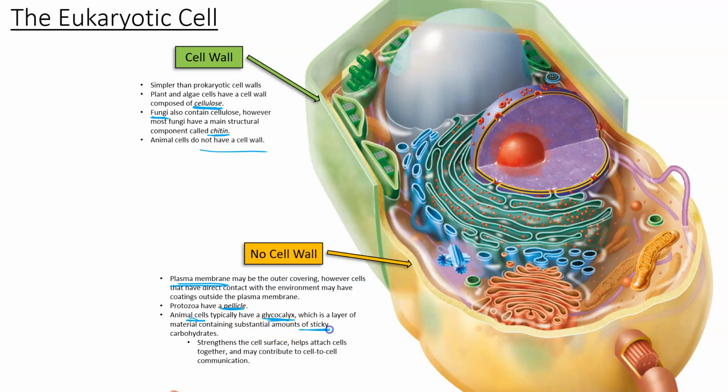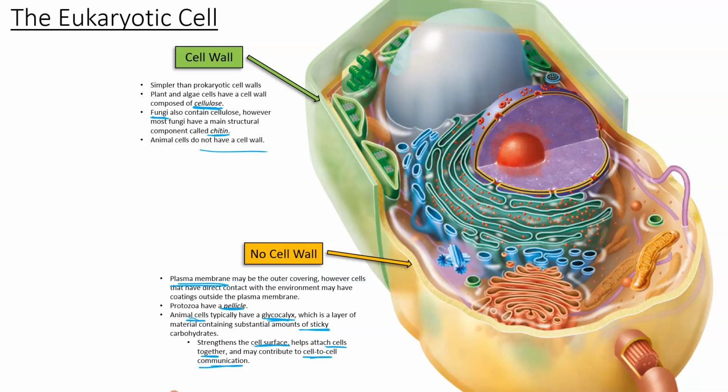It is an extra layer of protection that forms a sticky substance or residue on the outside of our membranes, and it is designed to strengthen the cell surface, help attach cells to their environment, help attach cells together to form tissues, and it helps to facilitate cell-to-cell communication.